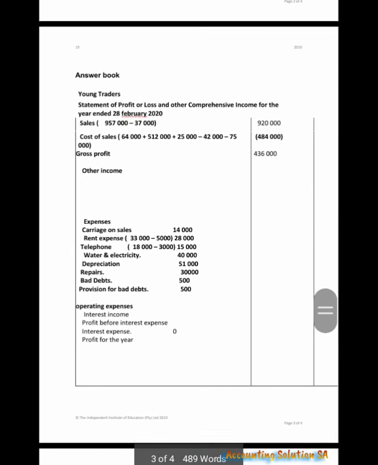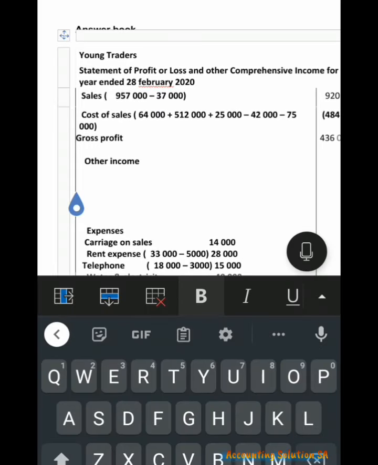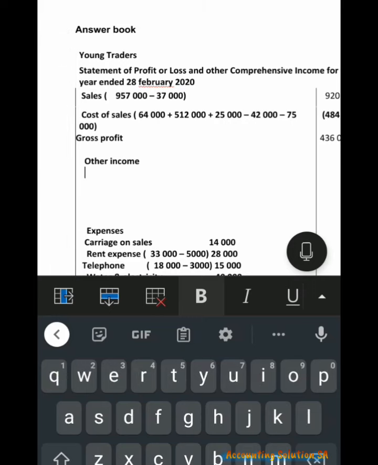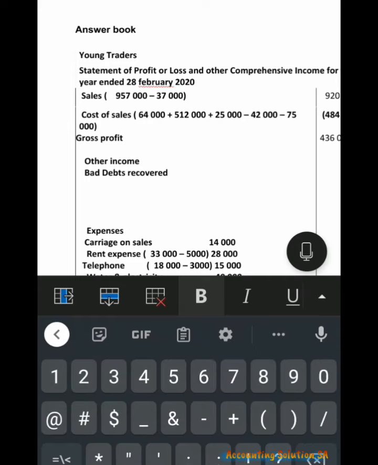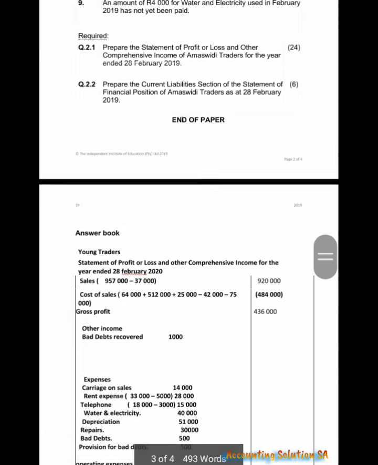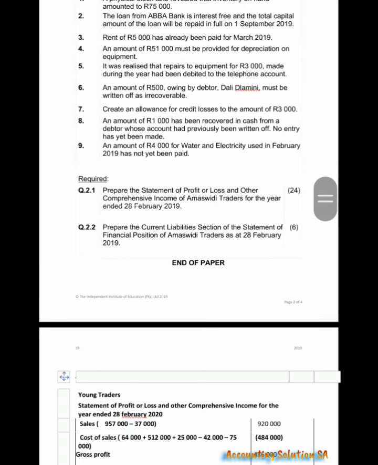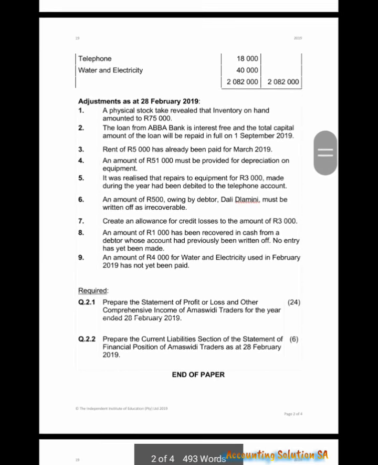So this one we call bad debt recovered. We have to record it under income because we receive cash of 1,000.